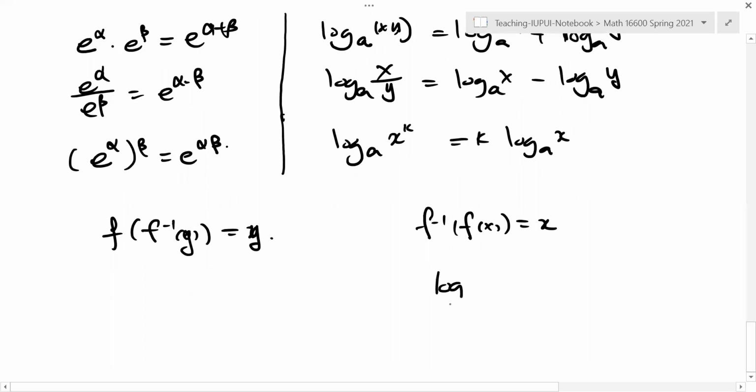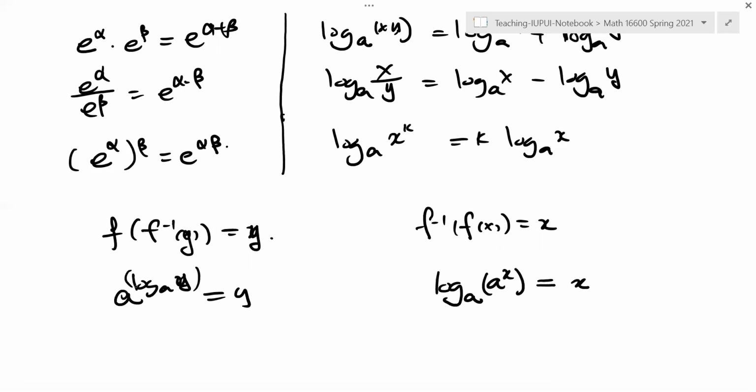Well, a to the log base a of y is going to be y, and the log base a of a to the x is x, because they are inverse to each other.